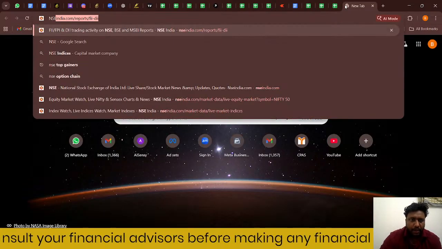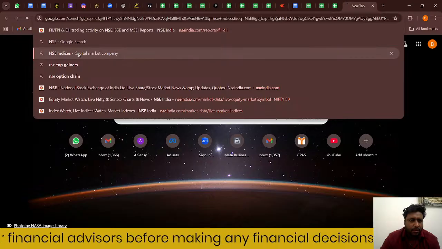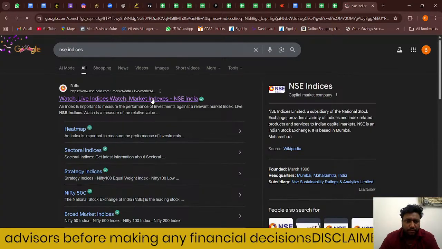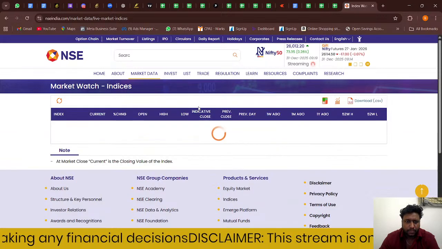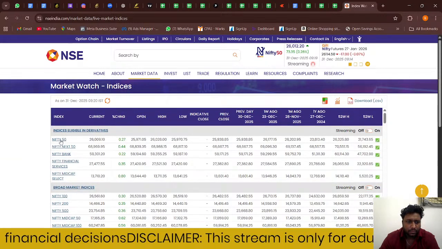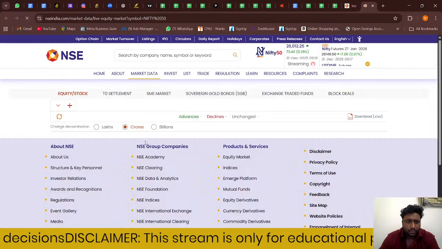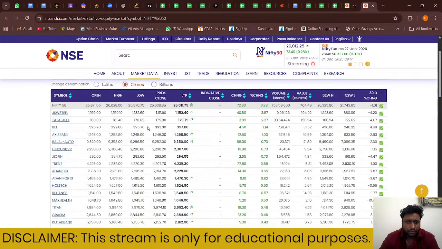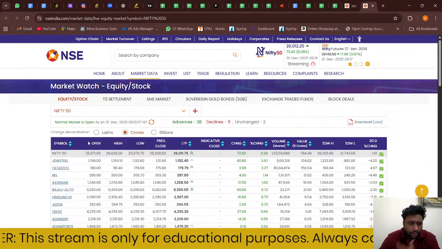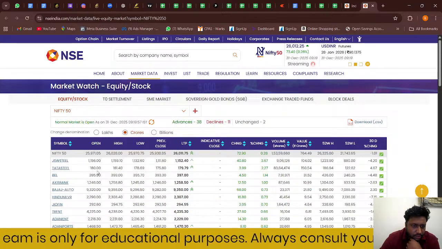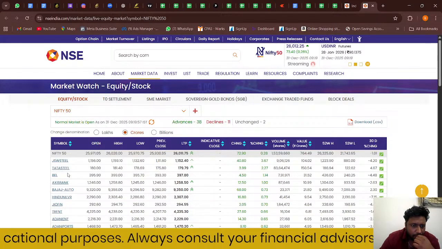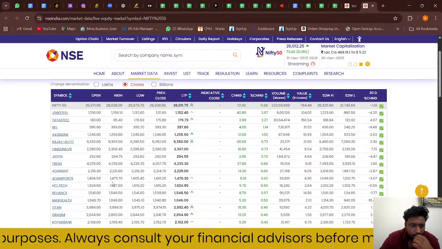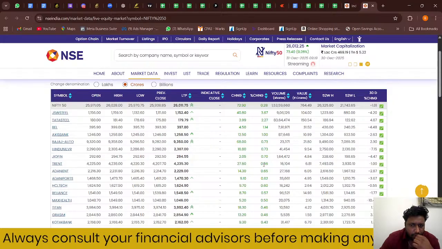We'll have a look at NSE's website indices. Today steel and construction segments are okay: Tata Steel, Trent also.